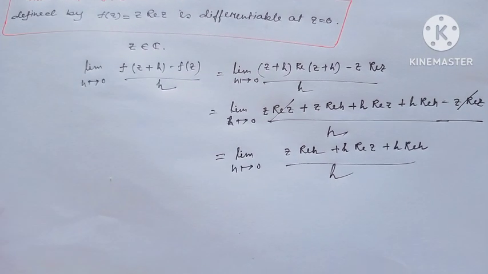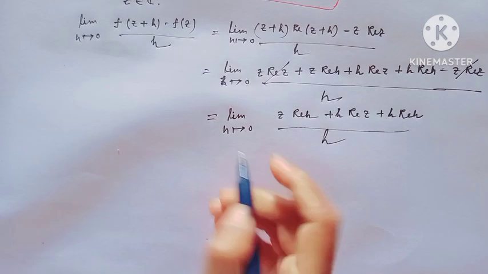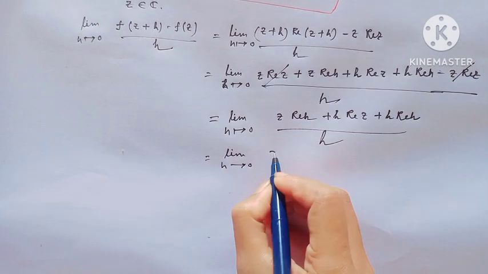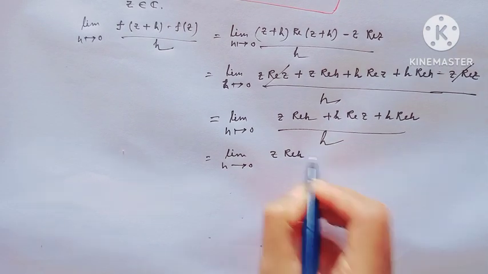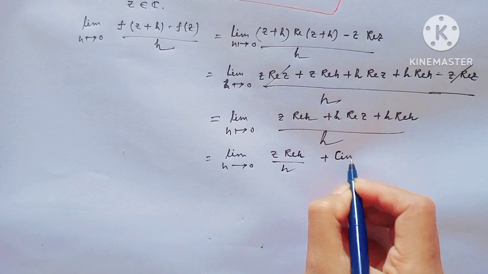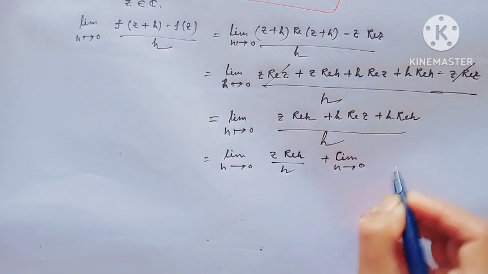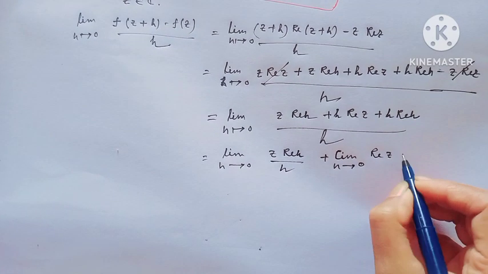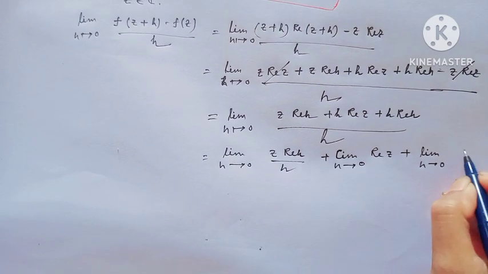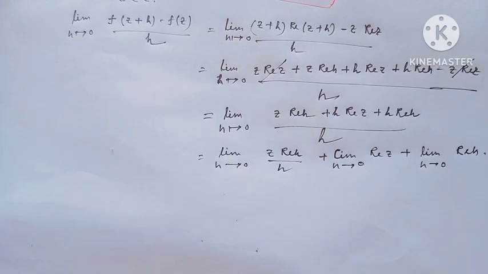Then this value would be the limit as h tends to 0 of z Re(h) over h, plus the limit as h tends to 0 of Re(z), plus the limit as h tends to 0 of Re(h).